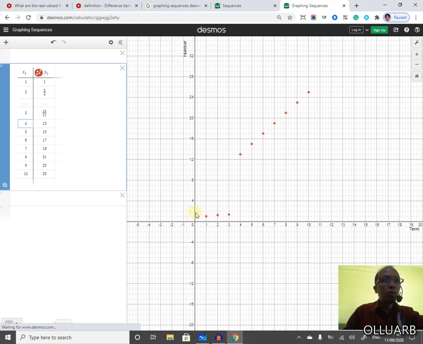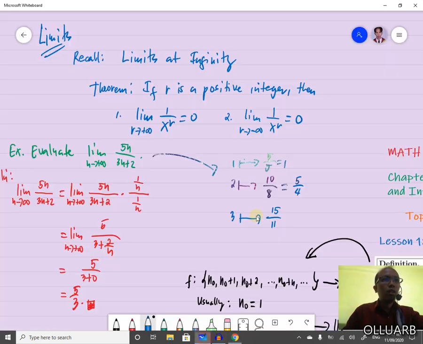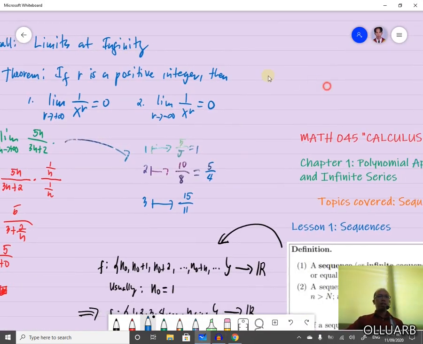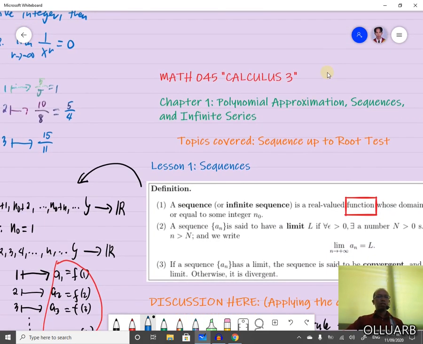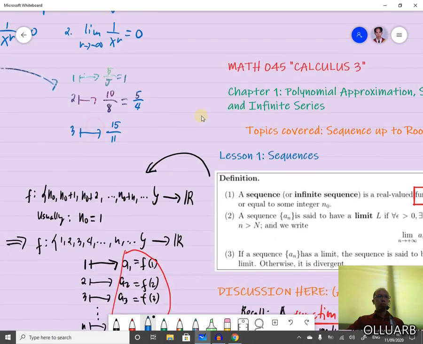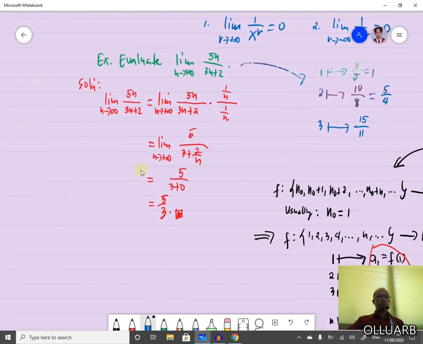I guess there will be a limit here, which is equal to 5 over 3. So that's definition number 2.